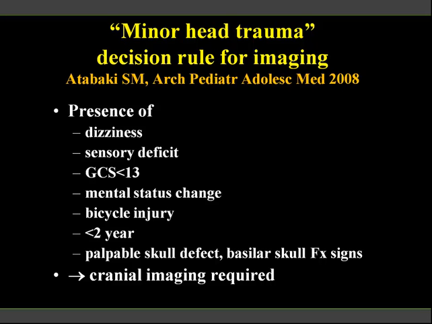Bicycle injury is often more associated with severe head injuries than other forms. The child being younger than 2 years is difficult to assess clinically. And when there's palpable skull defects and fluid coming out of the ears or other findings of basilar skull fractures, cranial imaging is required in those cases.